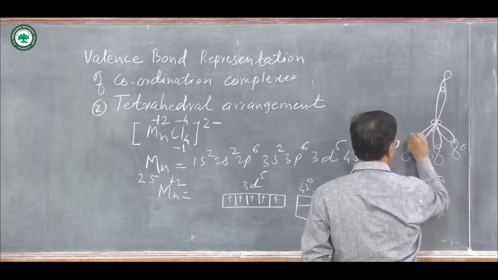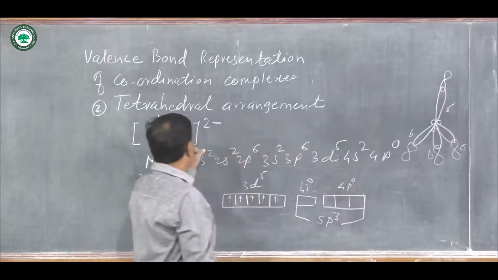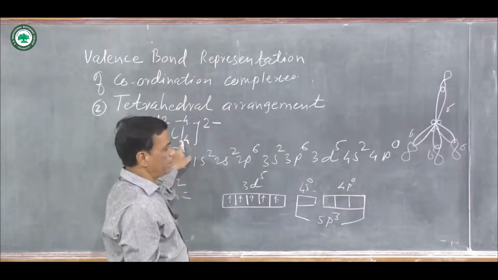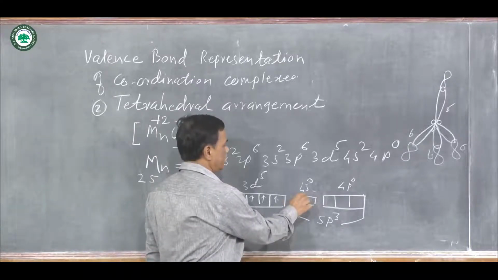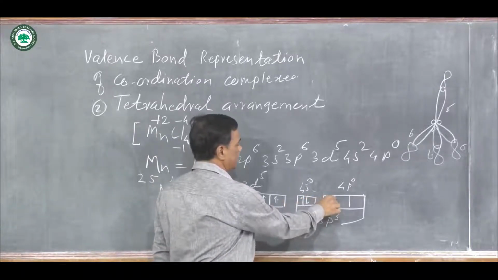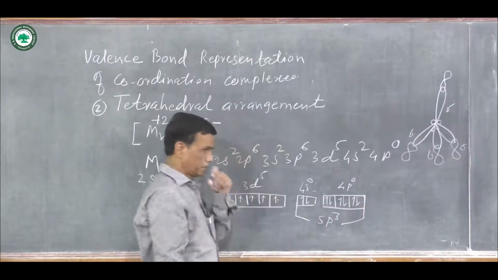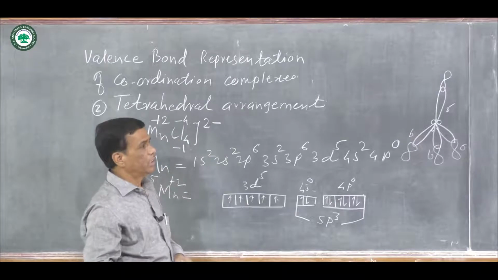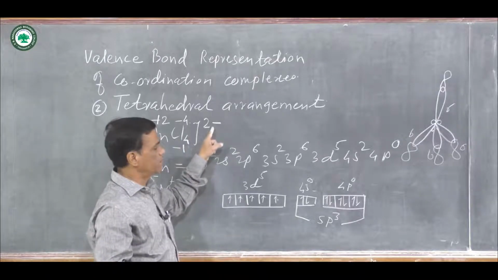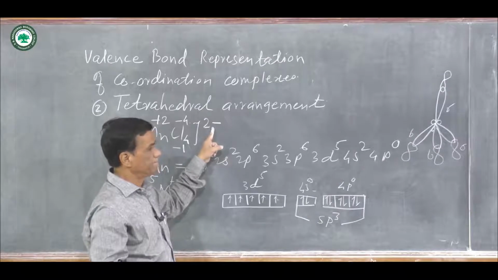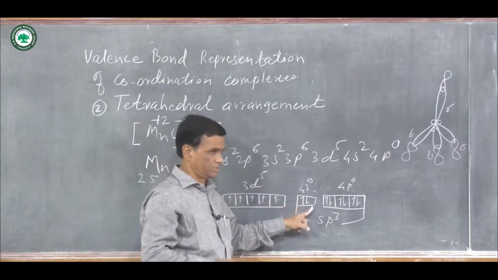All these are the sigma bonds, and then the 4 chloride ligands donate 8 electrons, and these 8 electrons are represented here. In the MnCl4 2- complex ion, the chloride ligands donate 8 electrons.